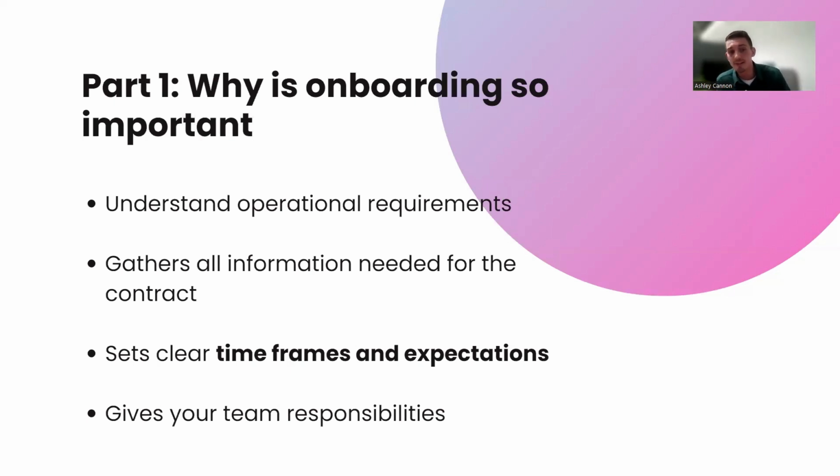Ultimately, it sets clear timeframes and expectations. So again, there's an element of expectations set in a sales process. There's probably a sentence in there somewhere to say, look, we'll set this up as quickly as possible for you. This is what we would normally do with recruitment and X, Y, and Z. But the onboarding process is the first point where you can give real expectations to the client. We all know that sometimes we're 2Ping staff or we're recruiting staff.